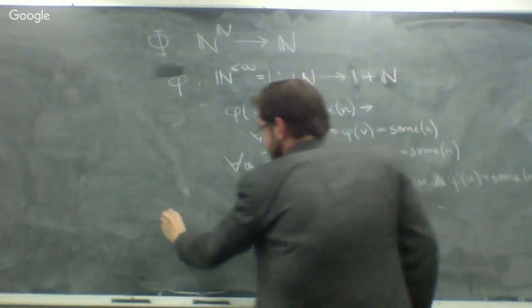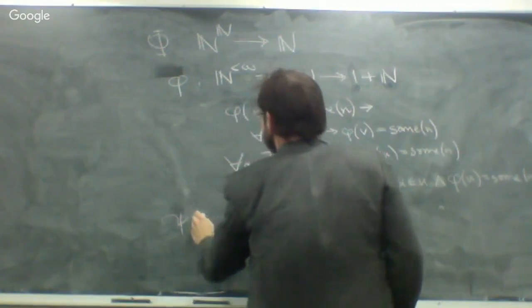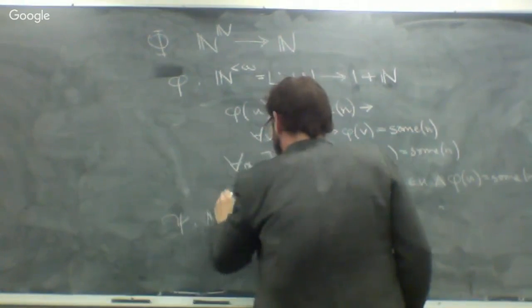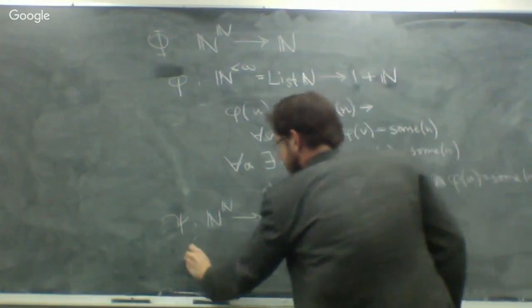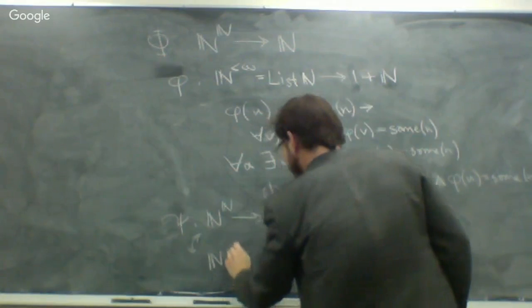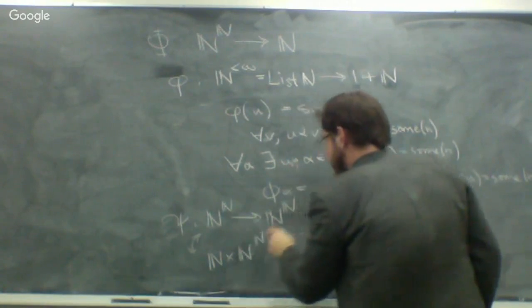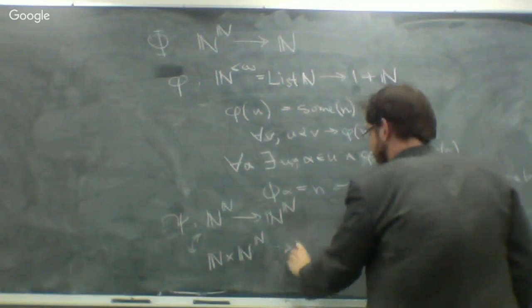Suppose you have a function psi from N to N to N to N, and then you curry it, which is similar to having a function that takes a number and an element of Baire space and gives you a number.